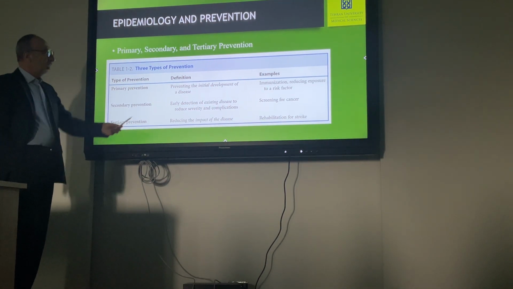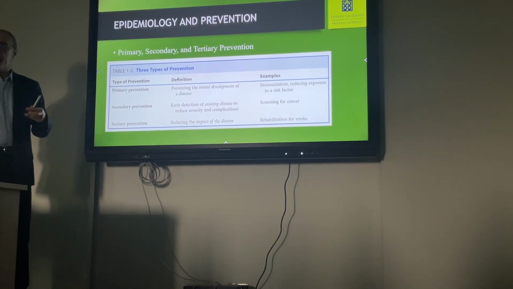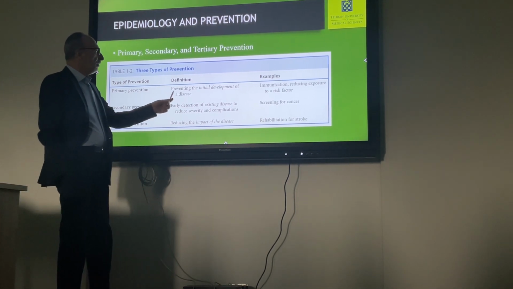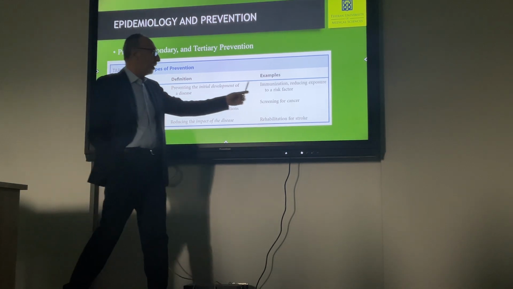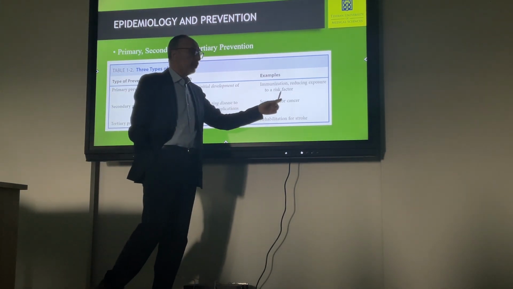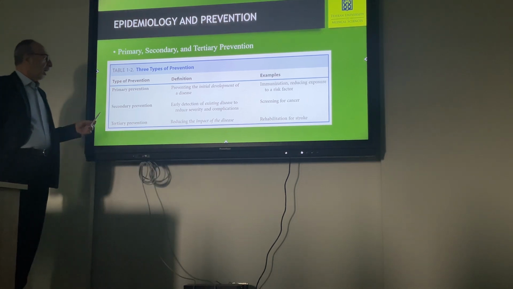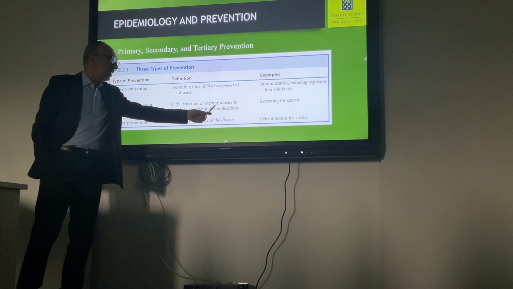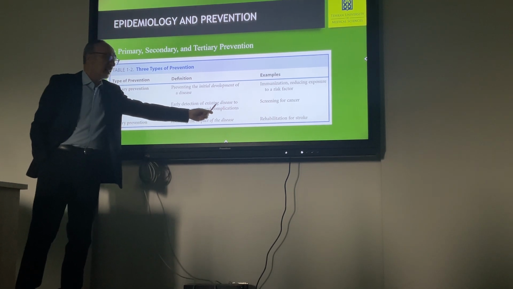So in this table, we can see a simple explanation. Primary prevention is the prevention of initial development of the disease by immunization, by reducing exposure to some risk factors. In secondary prevention, by early detection of existing disease, the distinction is the development and the existence of disease.